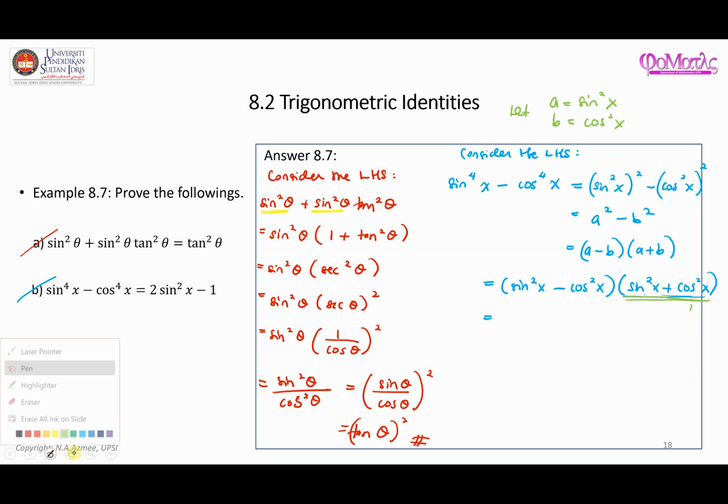Since that becomes 1, we are left with just sine squared x minus cos squared x.